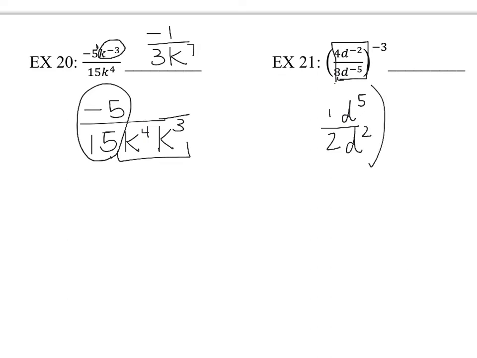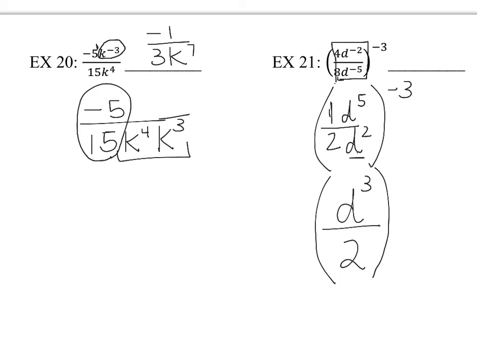This whole thing, don't forget though, is being taken to the negative third power. You can go ahead and fully simplify the whole inside again. We can cancel out the 2 d's on the bottom to leave d to the third on the top over 2. Notice I got rid of the 1 because you don't need the 1 because you have d to the third at the top. And then you have negative 3 still.